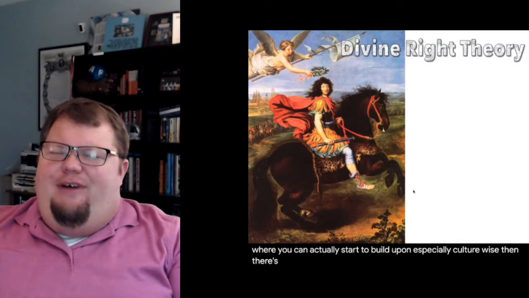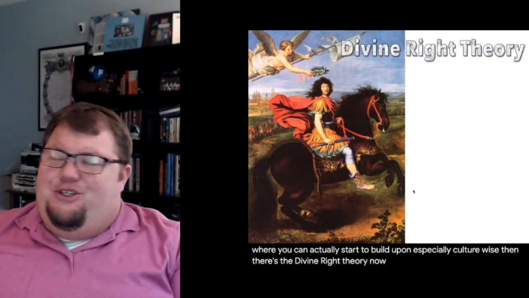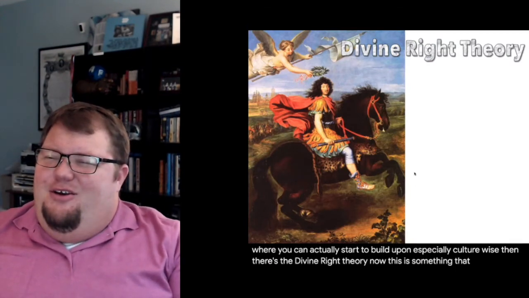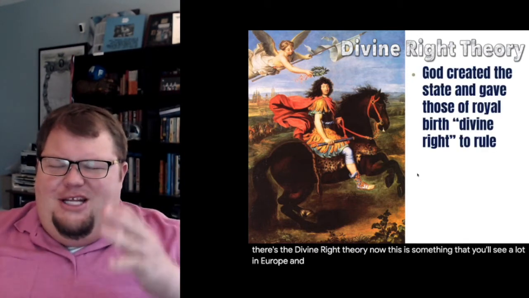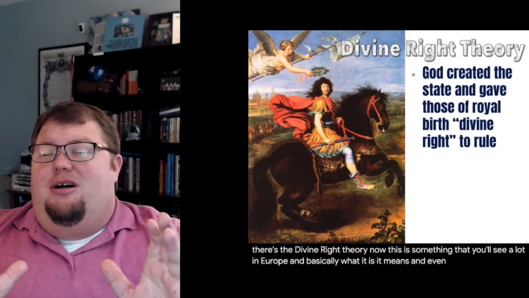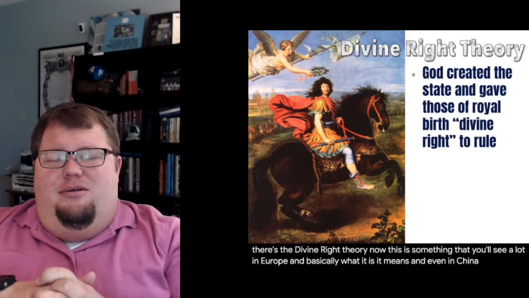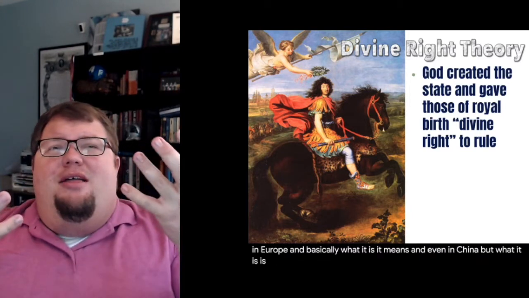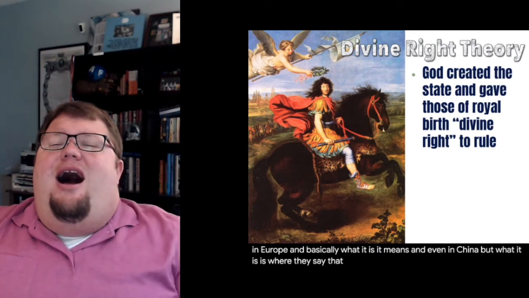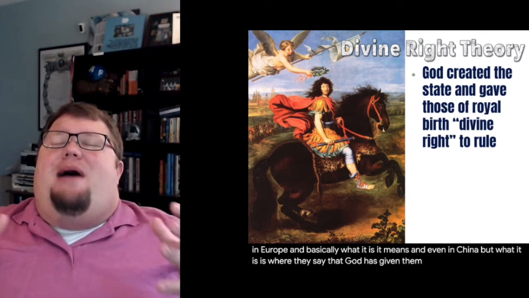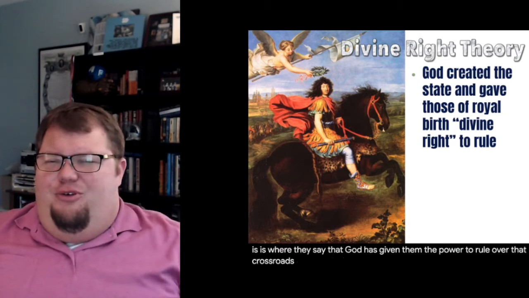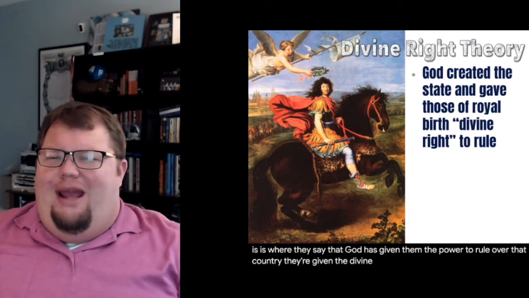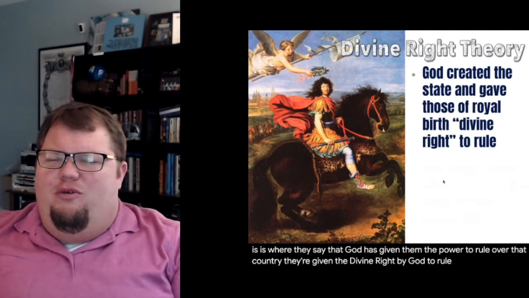Then there's the divine right theory. Now, this is something that you'll see a lot in Europe, and even in China. But what it is where they say that God has given them the power to rule over that country. They're given the divine right by God to rule over that country.